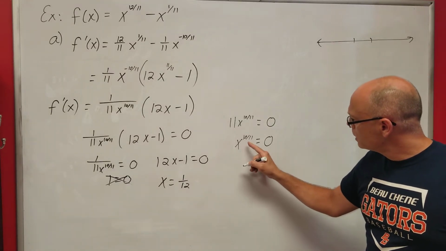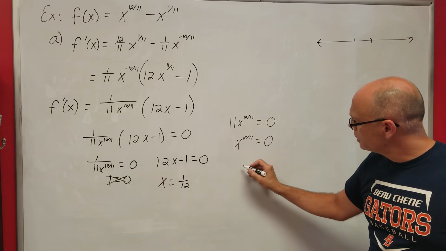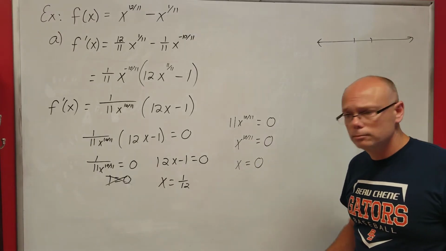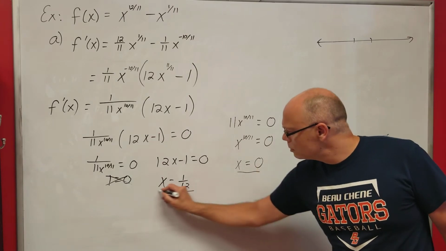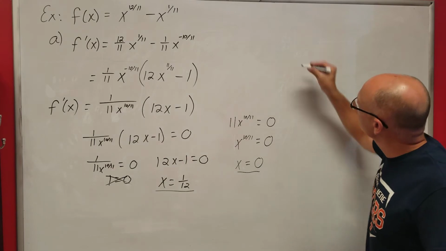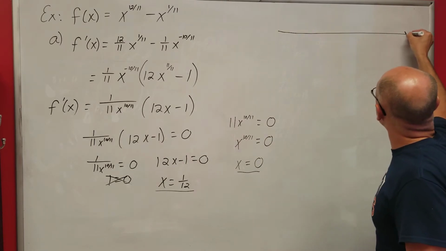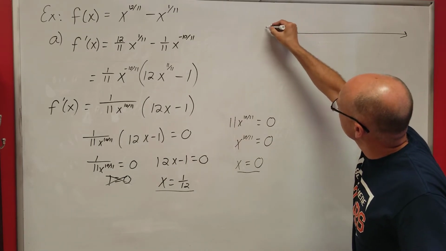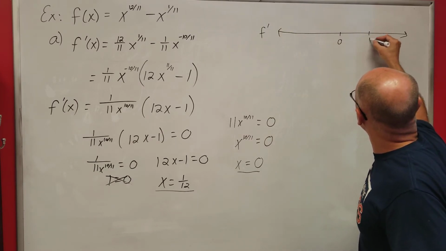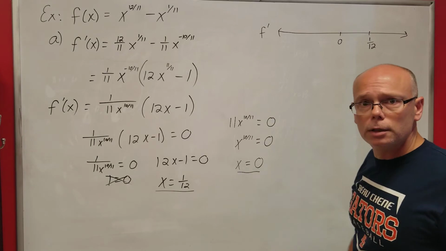Then I can raise both sides to the 11/10ths, and I get x is equal to 0. So 0 and 1/12 are the numbers that I put on this number line for f prime. So here is f prime. I'm going to put 0 and 1/12 on it.